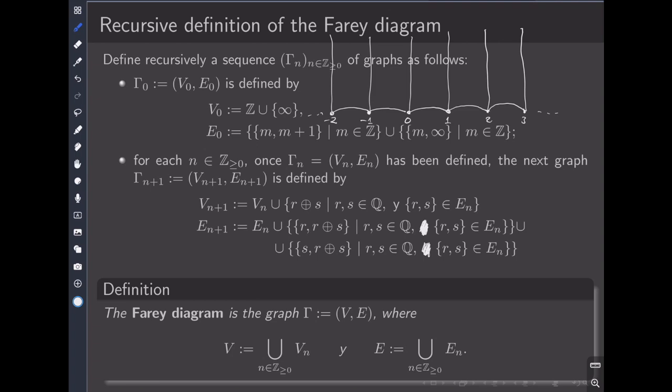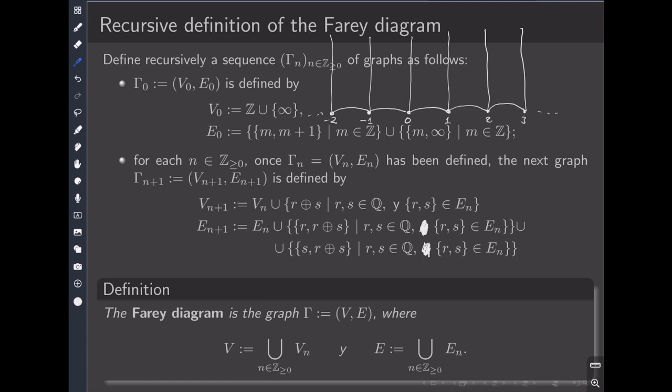And then what else? So that's at the level of vertices. Now for the edges, I take the edges I already had. I don't discard the old edges, and I add new edges as follows.